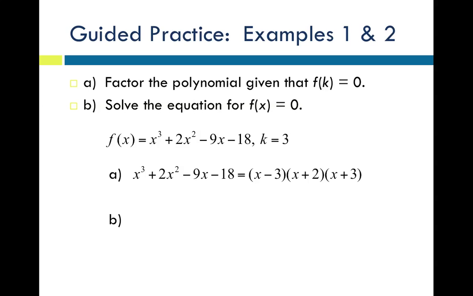So when we do synthetic division with a k of 3, we end up with x squared plus 5x plus 6 as our result. That can be factored into x plus 2 and x plus 3. Okay, so that's the answer for part A. X minus 3 times x plus 2 times x plus 3. Then we use that in part B to set equal to 0 and get our solutions. So x could be positive 3, negative 2, or negative 3.